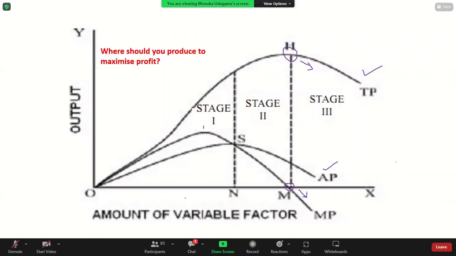To understand profit, or to calculate profit rather, profit equals revenue minus cost, isn't it? Revenue minus cost. So our revenue and cost would depend on the amount of fertilizer that you use.